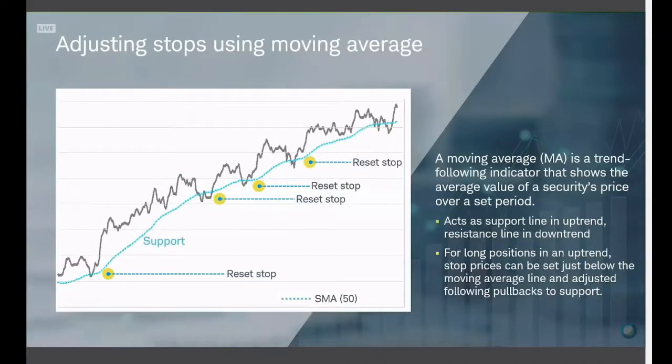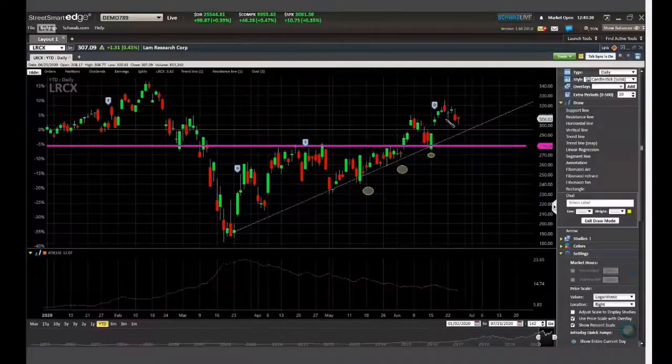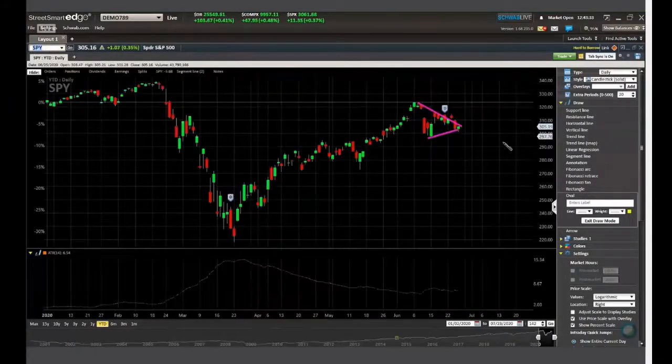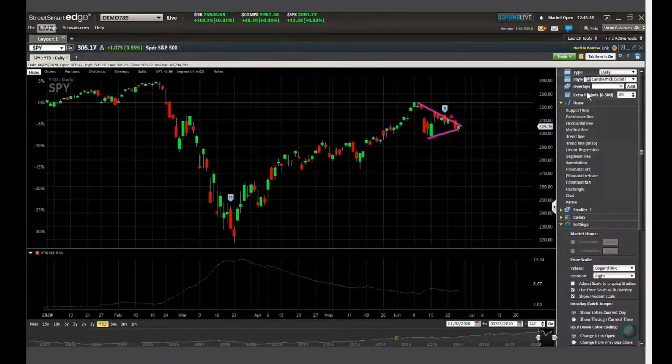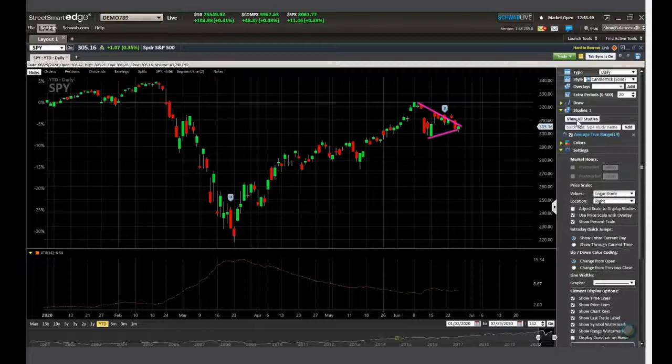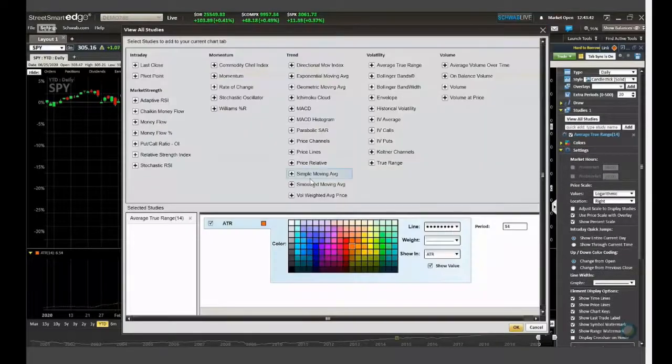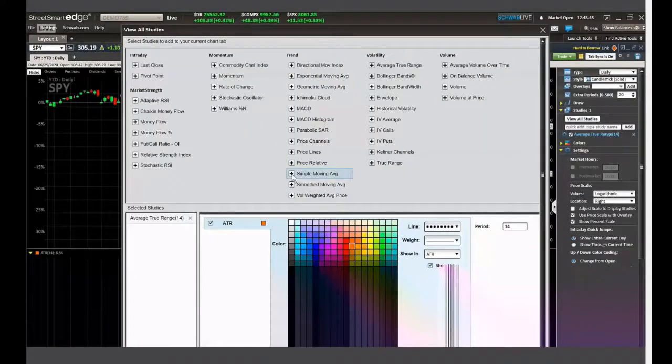And then lastly, for the support and resistance, you can utilize the moving average. Let's go back over to our chart. Let's look at the S&P 500 once again, SPY. We're going to come in to our tools. So you open your shelf and you're going under studies, view all studies. I'm going to add the three most popular simple moving averages.